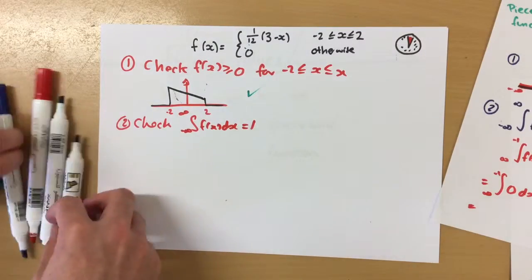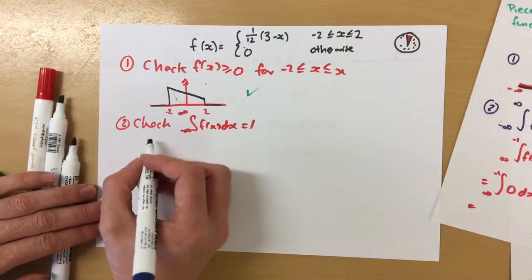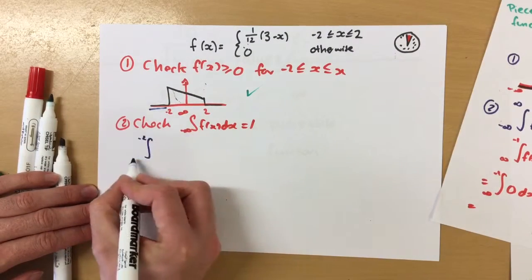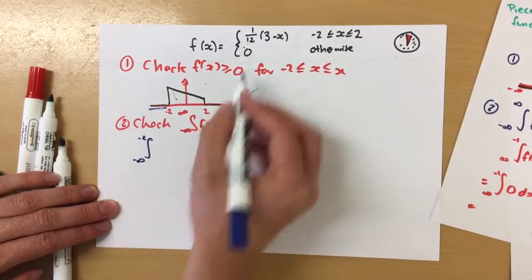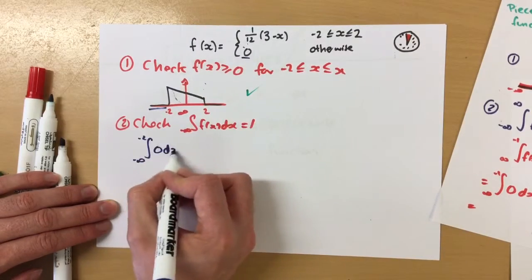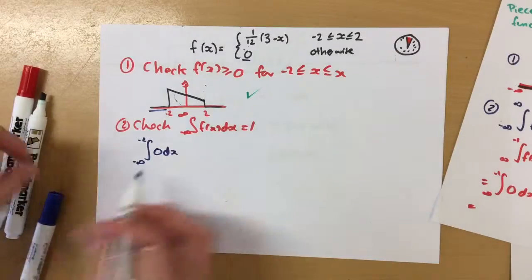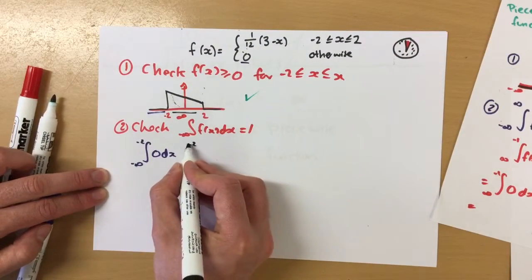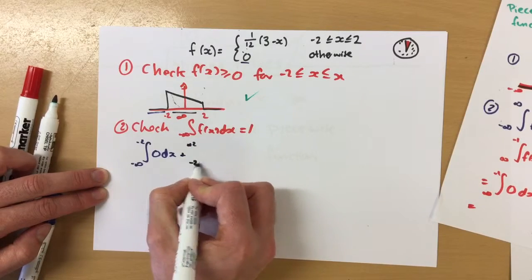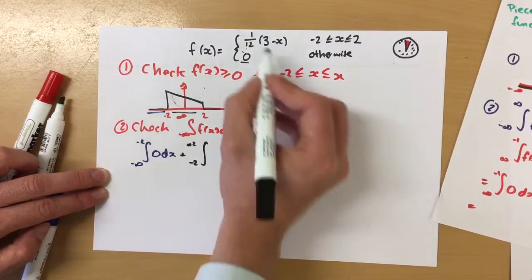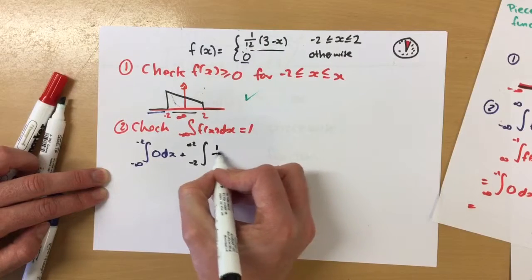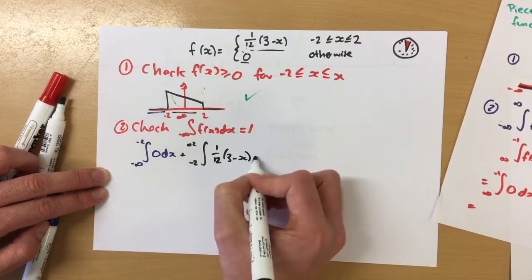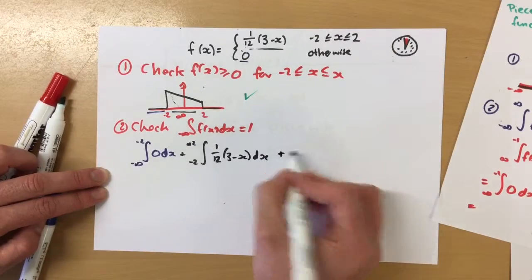So, our 3 pieces. Our first piece is between minus infinity and -2, and in that range it is 0. Our next section is the middle bit between -2 and 2, and there the function is defined by that expression.